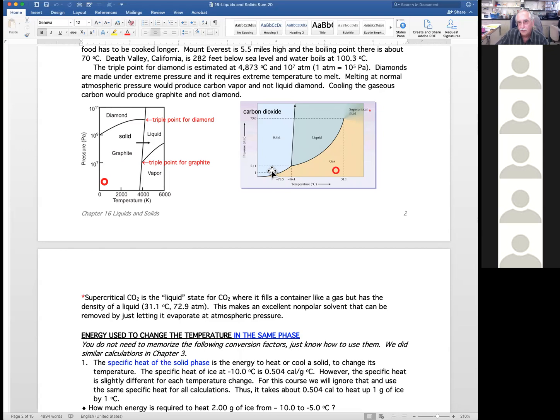We use carbon dioxide, we make it into a liquid. So that means that you pressurize the gas into a liquid. You don't necessarily freeze it. And then we can use that as a very good solvent for removing non-polar things like caffeine from coffee and things like that. Then when you want to get rid of the solvent, you just open it up and let the gas escape.